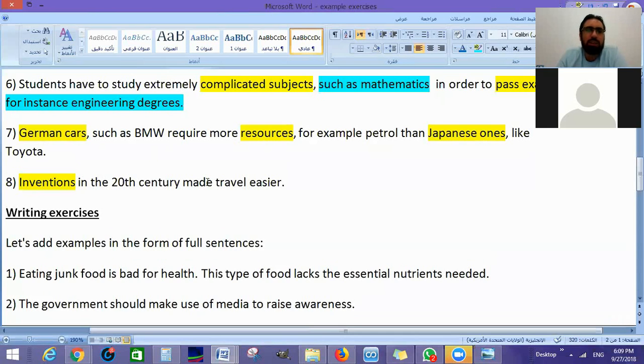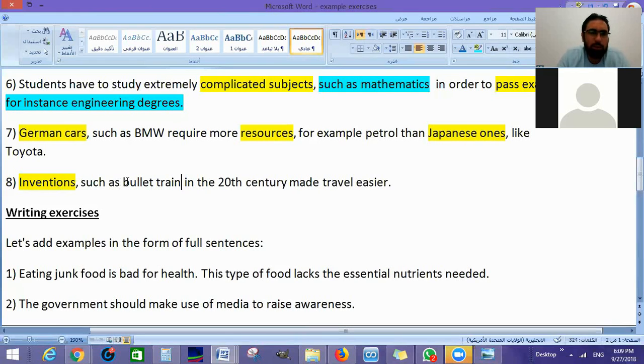Inventions in the 20th century made travel easier. So inventions. Bullet train. Such as bullet train. Bullet train, okay.